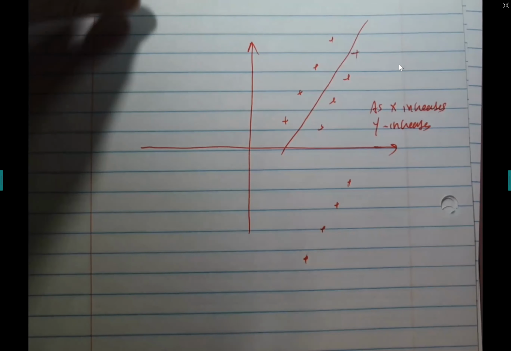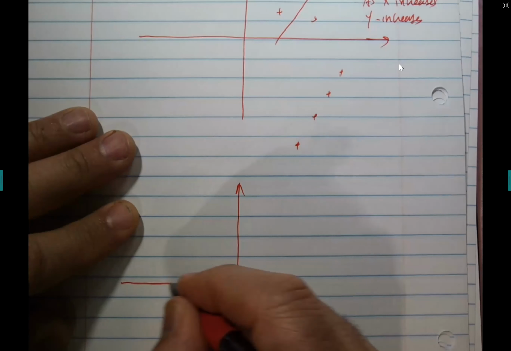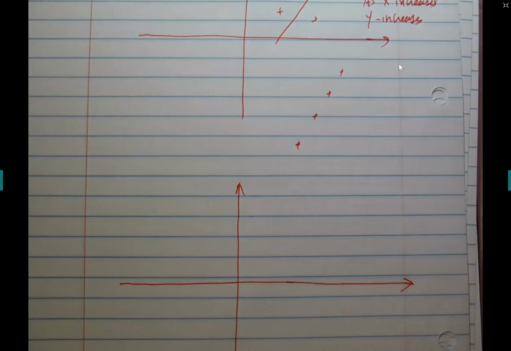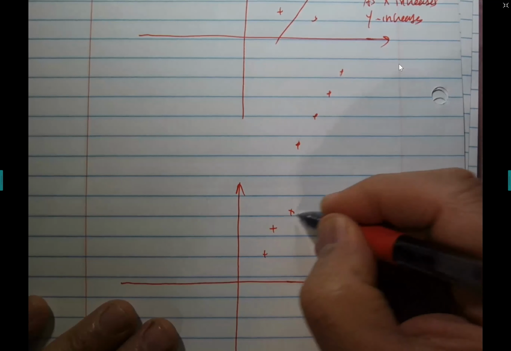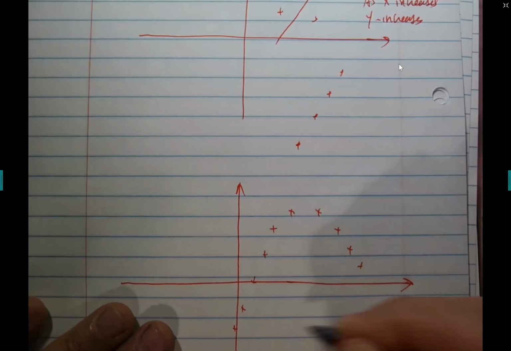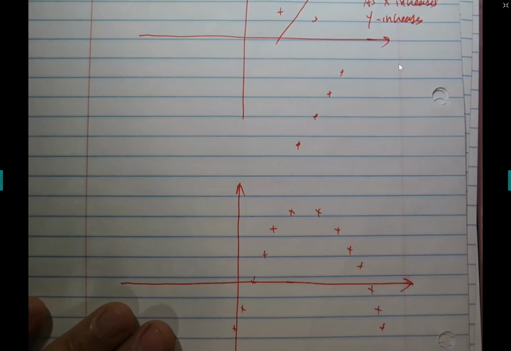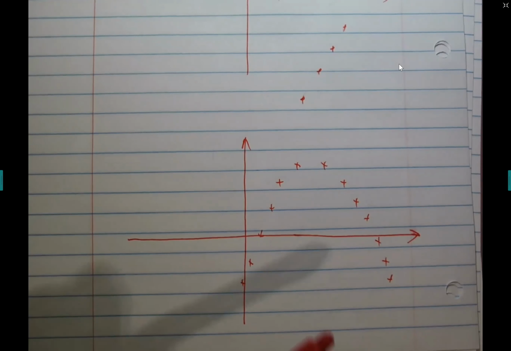Now, let me show you the last example and tell me, guys, if you think that there is a linear relationship or not. Linear means you can tie them to a line. If you cannot tie them to a line, that means the relationship is not linear. Watch this. Do you think this is a linear relationship?